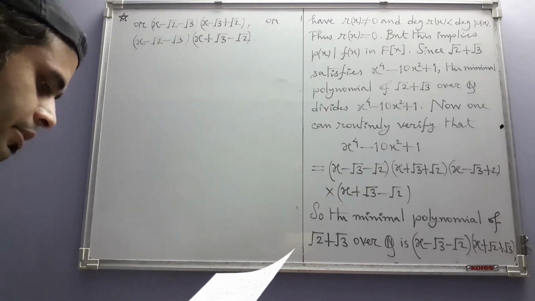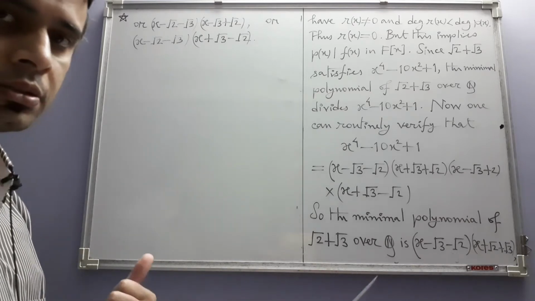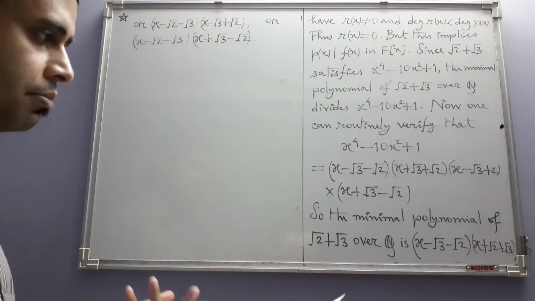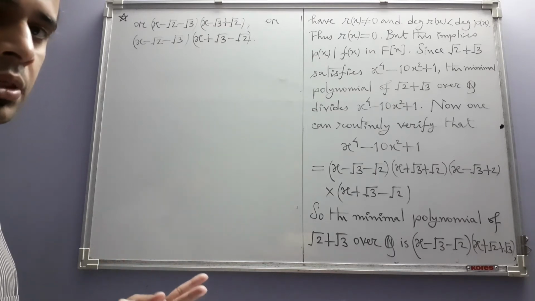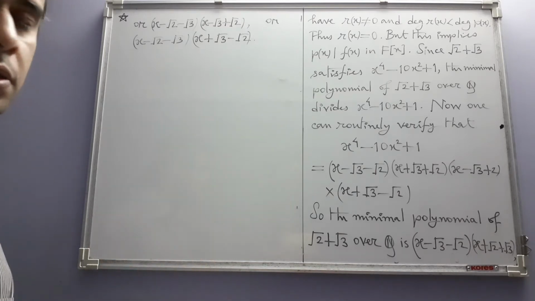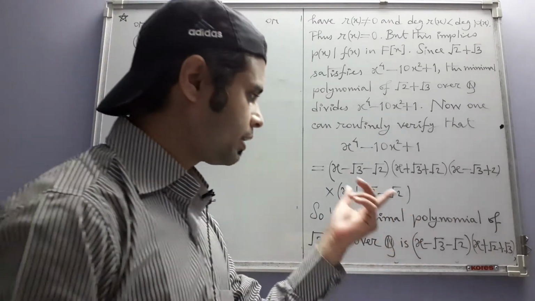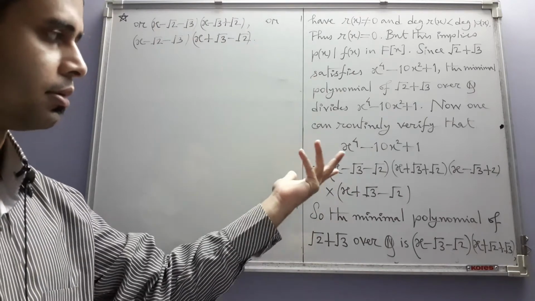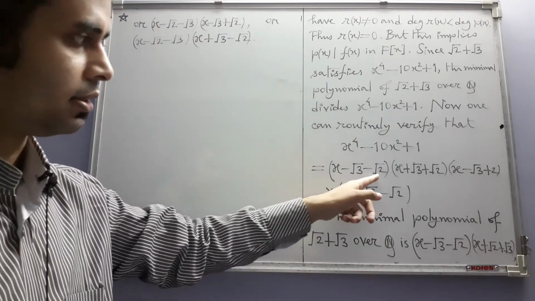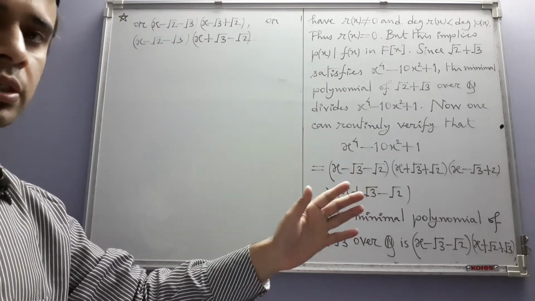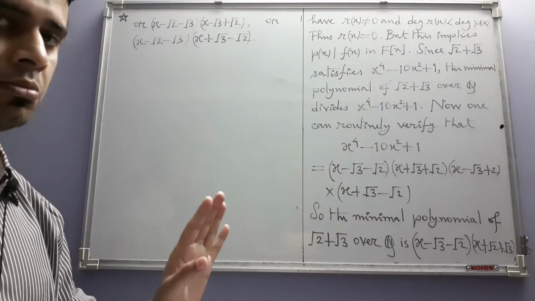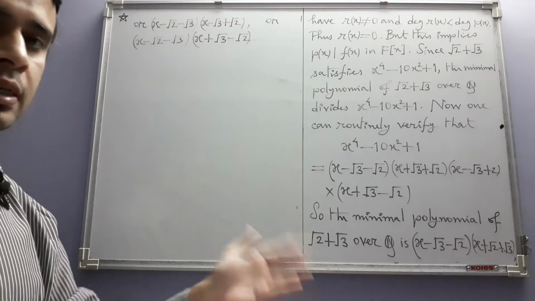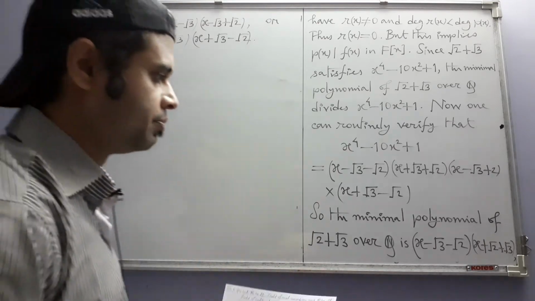We supposed that the degree of root 2 plus root 3 over Q is actually equal to 2. So that means the minimal polynomial should be a quadratic polynomial. That's why we cannot just simply consider this one, which anyway is not possible, because we have already seen that root 2 plus root 3 is not in Q. So this cannot be the minimal polynomial of root 2 plus root 3. So that degree being 1, that case has already been ruled out.